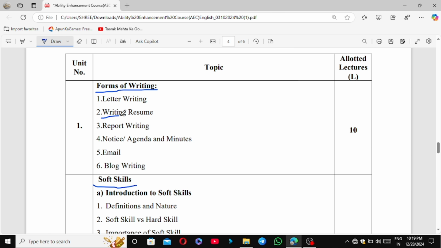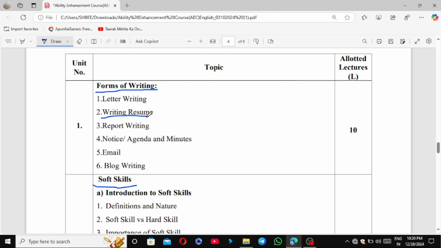Then writing a resume. So what is writing a resume? A resume is a document highlighting your skills, education, and work experience. When you want to apply for any kind of job, you need a resume.